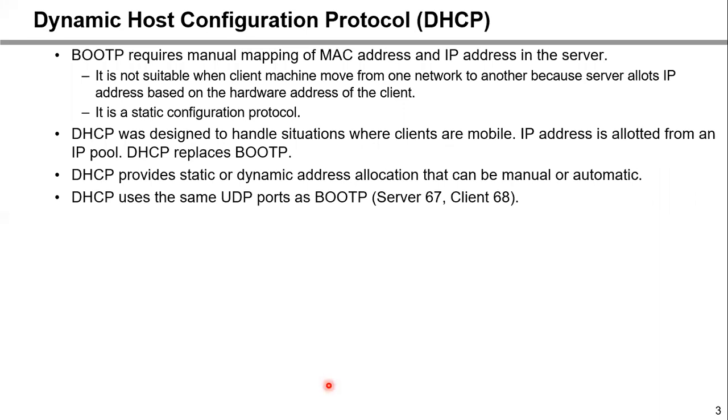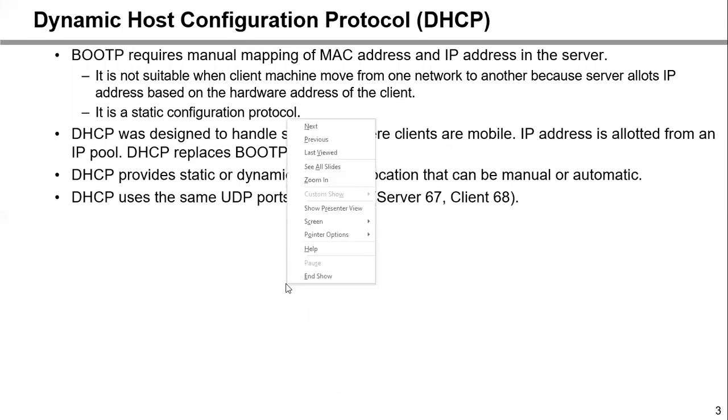What it does is it automatically assigns the IP address to a machine. Previously, before DHCP, there was the bootp protocol, the bootstrap protocol, which boots the machine and finds out its own IP address.